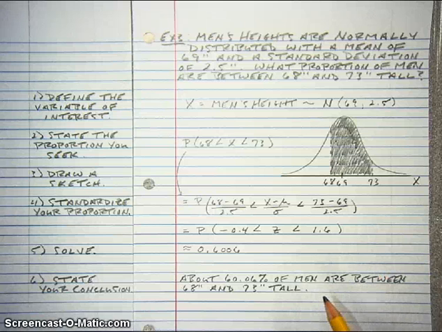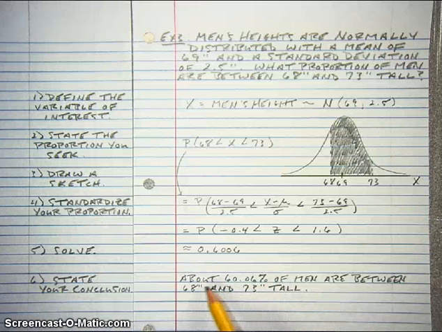It's not exact. There is no distribution of heights that is perfectly normal, but approximately so. So this is an approximation, and so I'm a little bit circumspect about being dogmatic. I would say about that percentage of men are between 68 inches and 73 inches tall. So this has context. It's a complete sentence. The reader of your AP exam will understand what you're saying, and they will understand that you found the answer to the question that was asked.